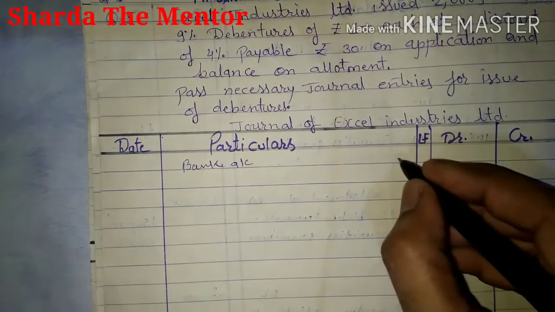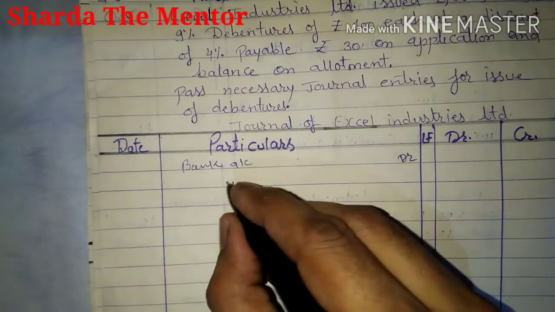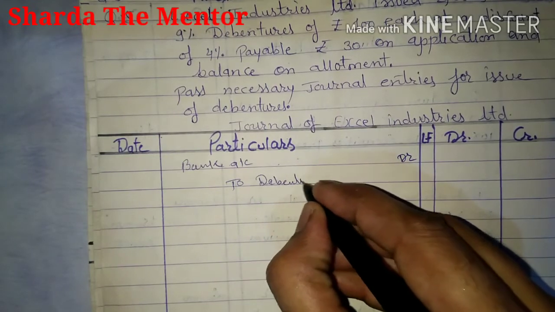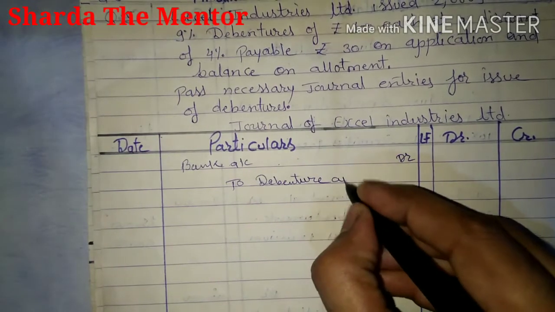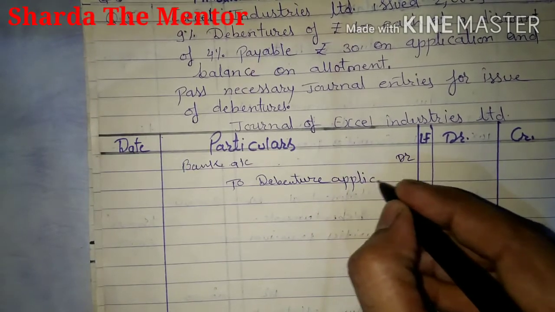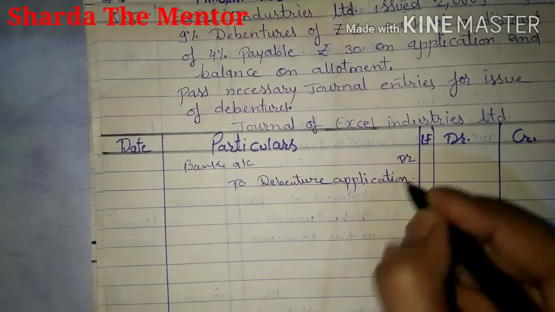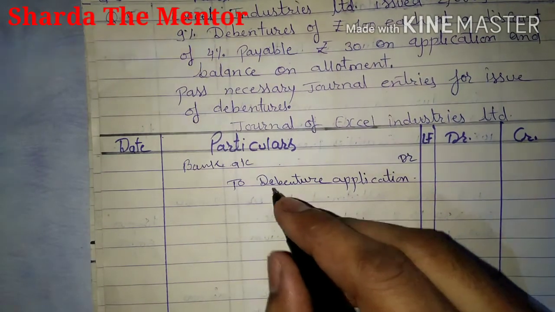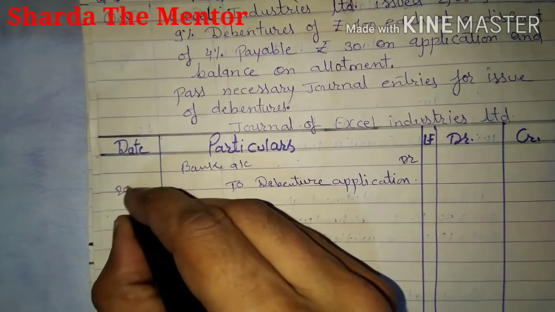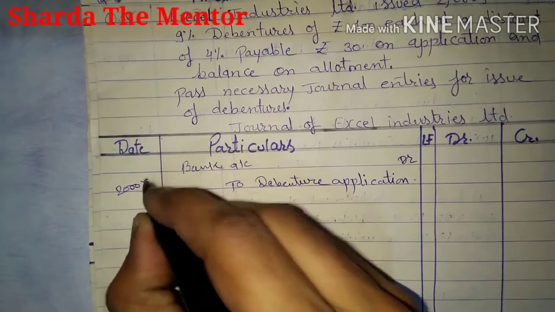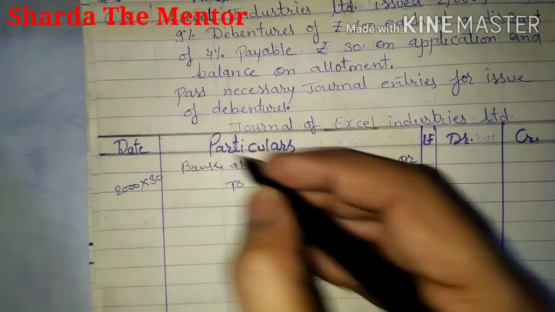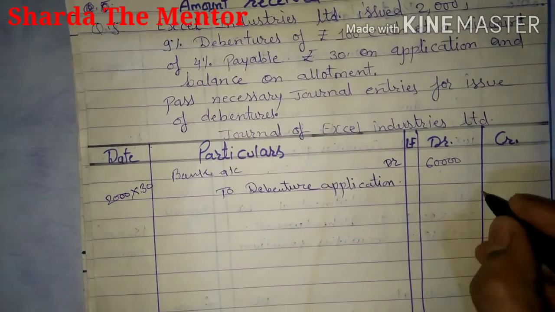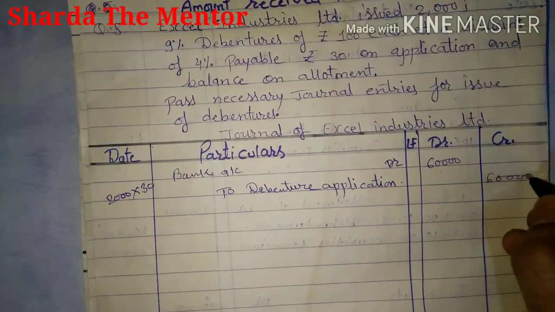Bank account debit to debenture application. So the total number of debentures is 2000, and the amount you have to call is 30 rupees. So the company received a total of 60,000 rupees.